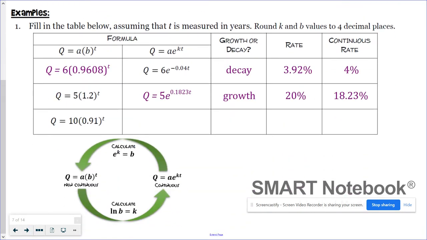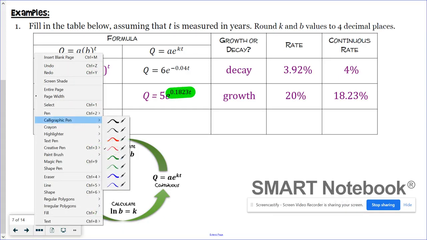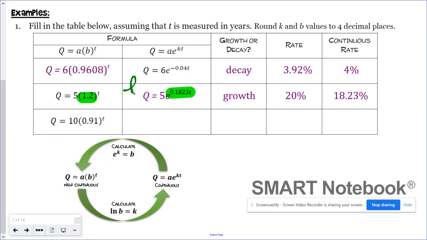Naturally, I've already done that. And I said the natural log of 1.2 was 0.1823, and that's the value of k. All I had to do was calculate the natural log of 1.2, and that's how I got my exponent.